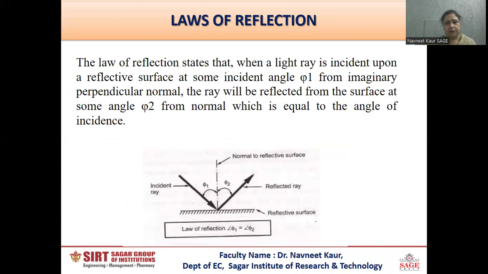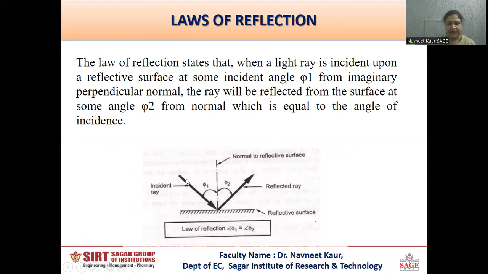Now, to start with the ray theory, first we will study laws of reflection. We have already done laws of reflection in our previous classes. To recall these laws, suppose I have a reflective surface, say a mirror whose one surface is reflective and the other surface is coated.